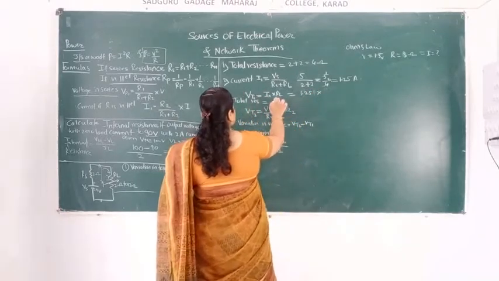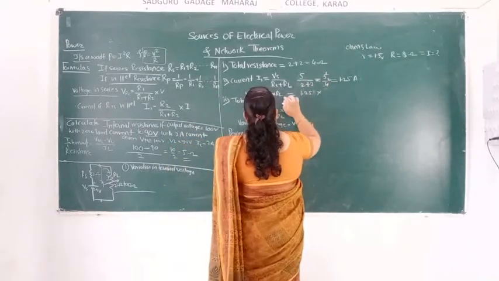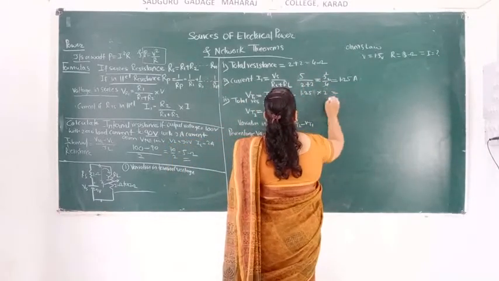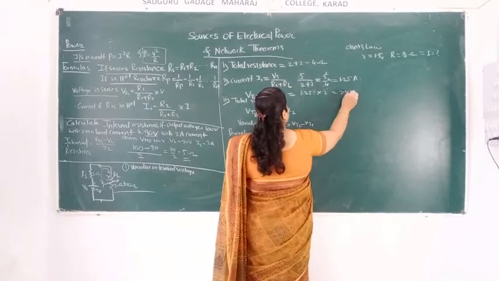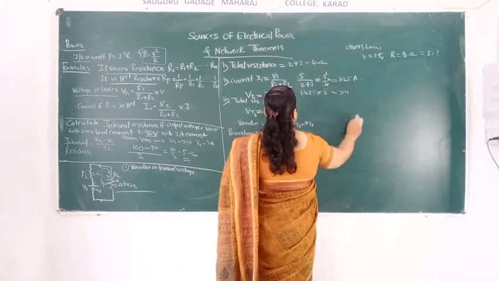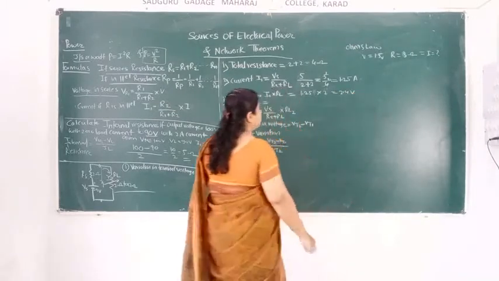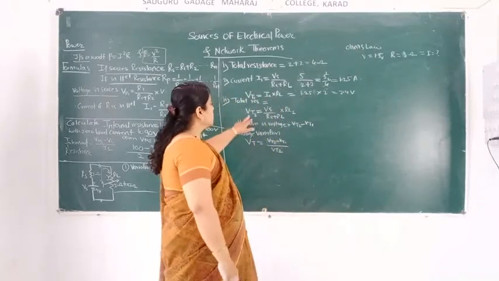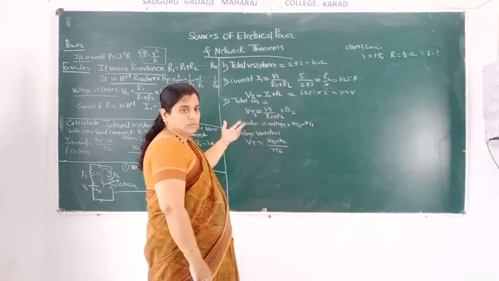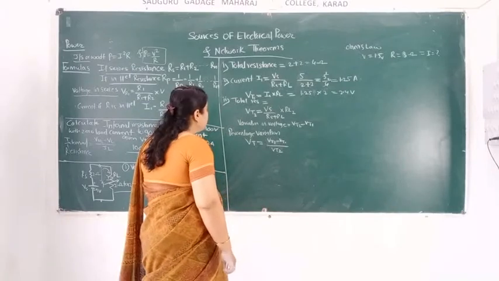The RL is 2. So it is 2.4 something. Vt is what? Volt. 2.4 volt.